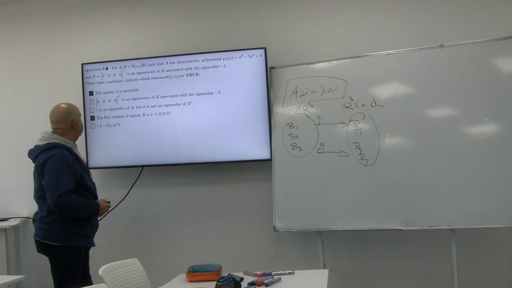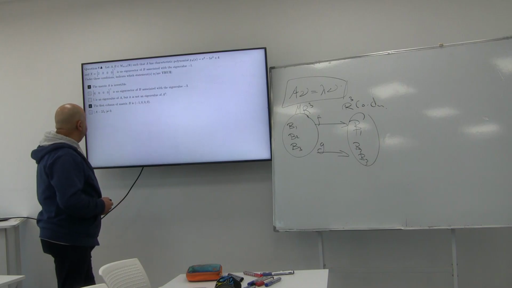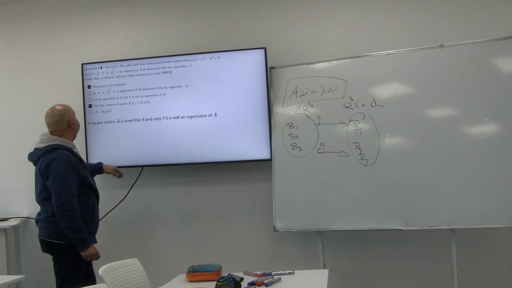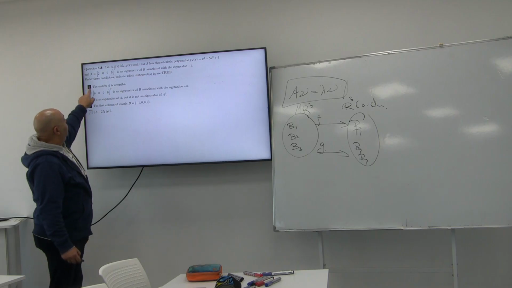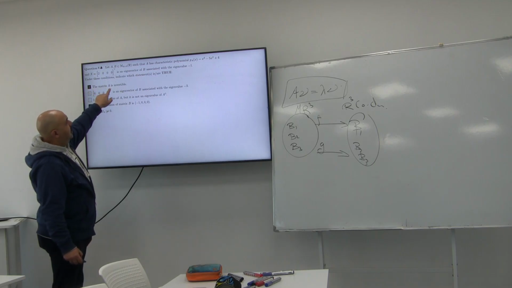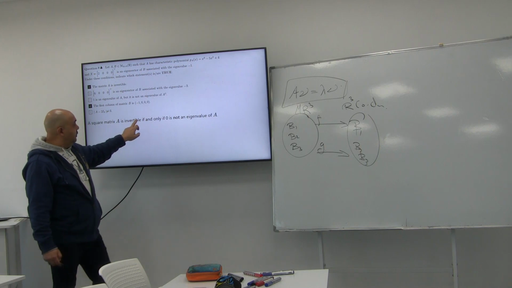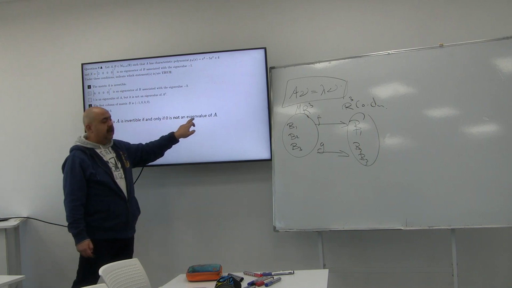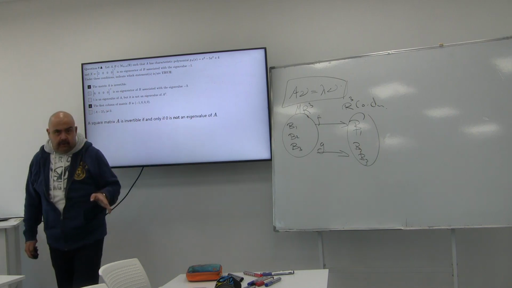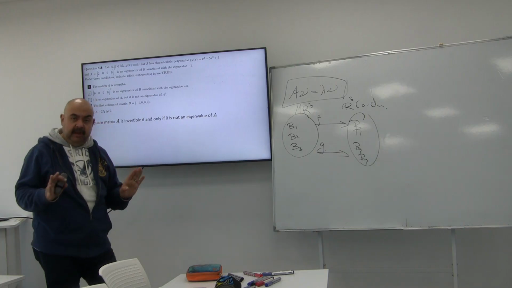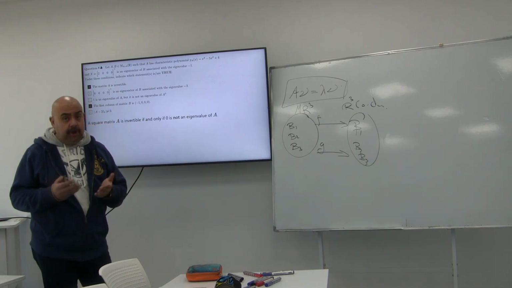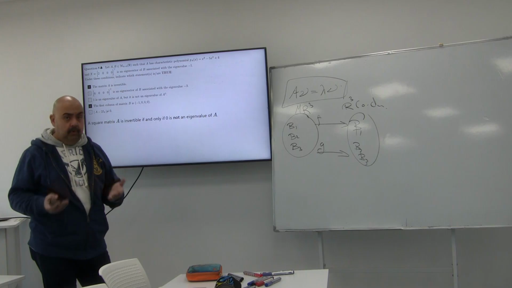Let's do so. The first thing that we will do now is to be sure that the matrix A is invertible, and once it is, there is a link between the invertibility and the eigenvalues. A square matrix is invertible if and only if 0 is not an eigenvalue of A. So all I have to do is to simply get the eigenvalues and then check if 0 is one of them or not.